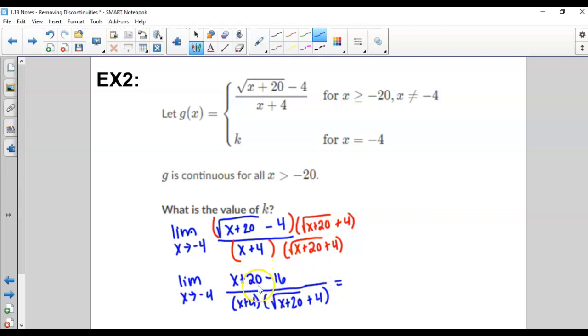And x plus 20 minus 16 gives you x plus 4. So is it okay with you guys if I just go ahead and mark those out instead of rewriting that? Because this will be x plus 4.